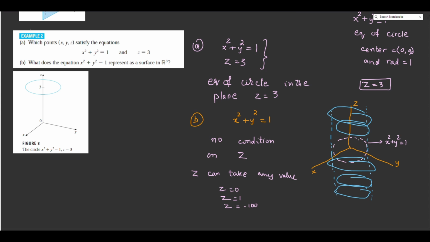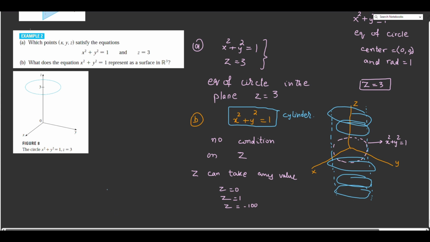Similarly, imagine many tires of a car; when you put them on top of each other, they make a cylinder. So this equation alone will represent a cylinder.